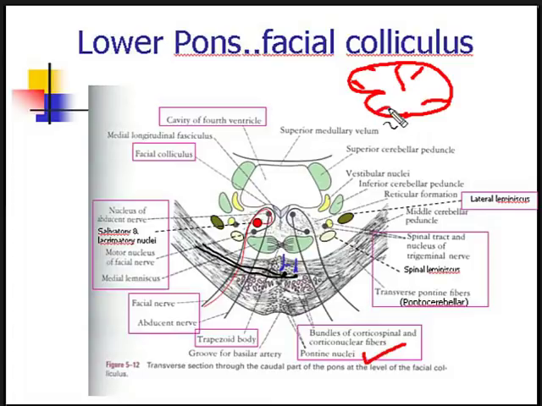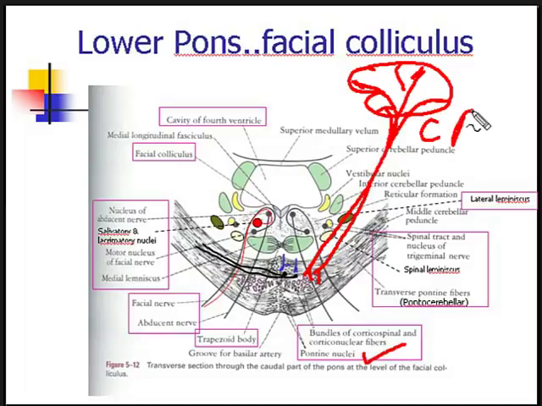These are fibers which keep in touch with the brainstem, so they are not giving rise to the corticospinal tract. They are known as corticopontine fibers. As they come down, they synapse on these pontine nuclei. Having synapsed in the pontine nuclei, the second set of fibers cross over to the other side.